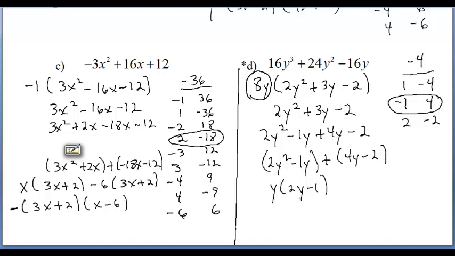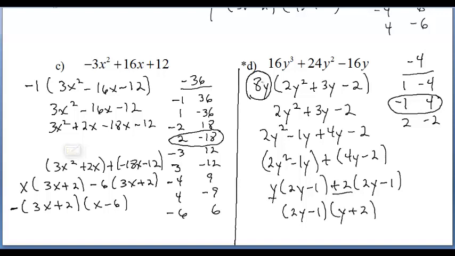That gives me y times the quantity 2y minus 1. And I'm going to remove a positive 2 in the second group, which leaves me a 2y minus 1. And again, what's inside my parentheses is identical and has to be. That's my GCF, 2y minus 1. My other factor would be y plus 2.